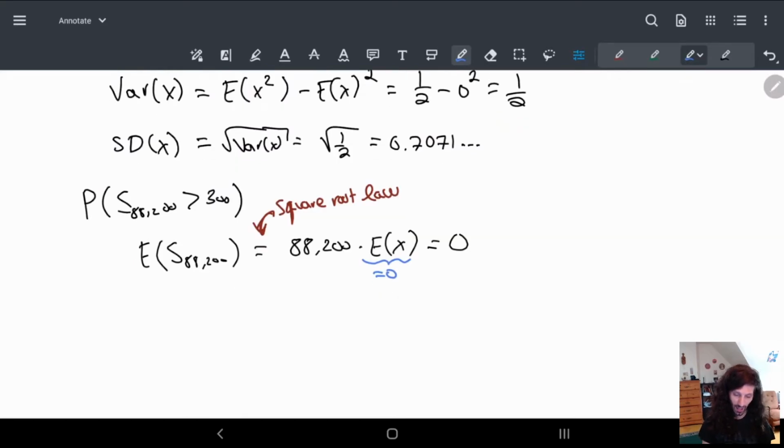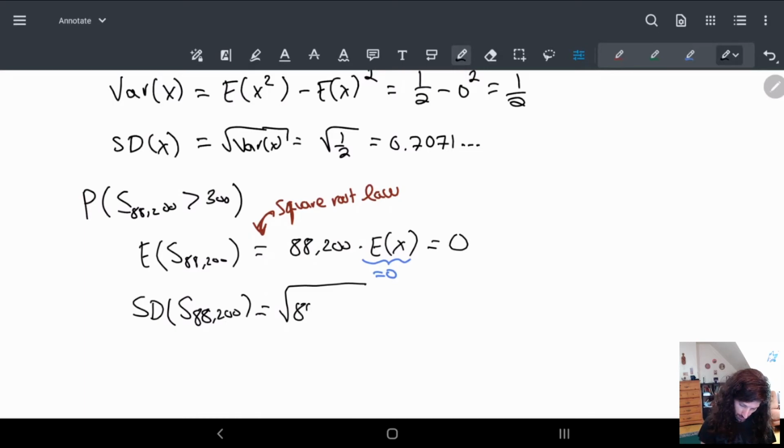And then let's figure out the standard deviation. For 88,200, this is the square root of, well, we had 88,200 times 1/2, right? Because what we end up having is, well, okay, we'll do n, right?